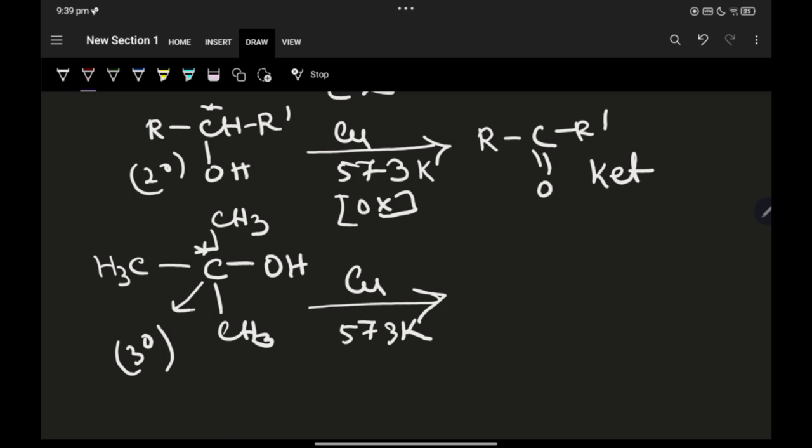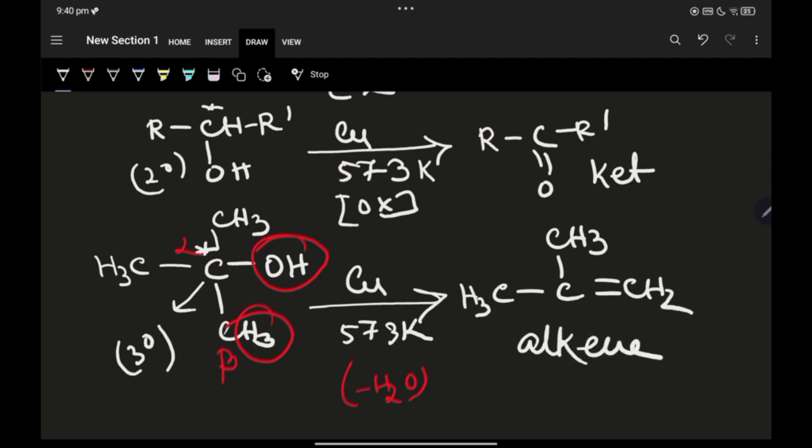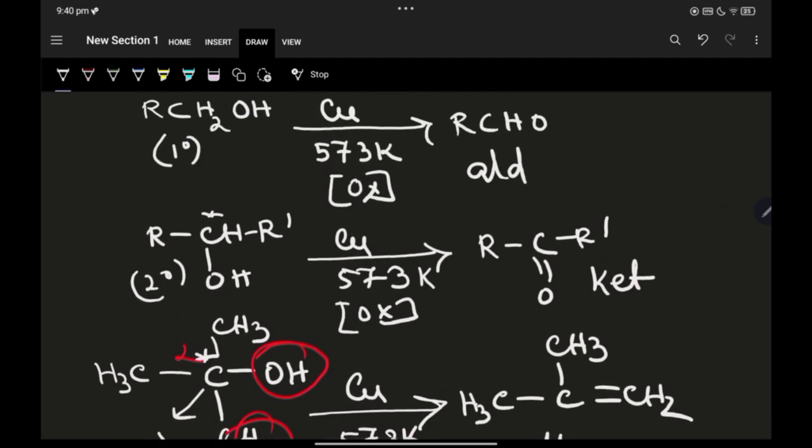Instead, it undergoes dehydration, minus H2O. Alpha carbon removes OH, beta carbon gives out H, and there is a double bond between alpha and beta. So this changes the course of the reaction and gives you an alkene as the product of dehydration. This is how 1 degree, 2 degree and 3 degree alcohol reacts with copper 573 Kelvin.